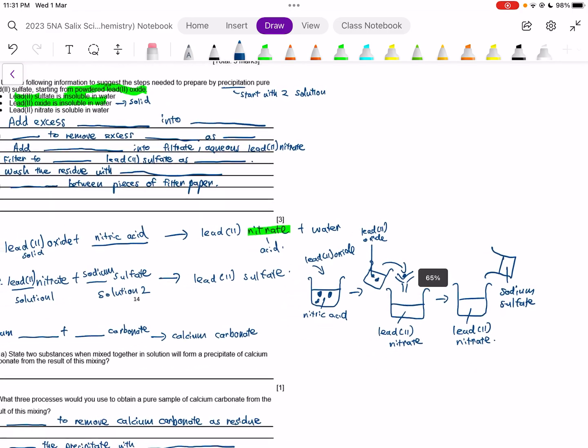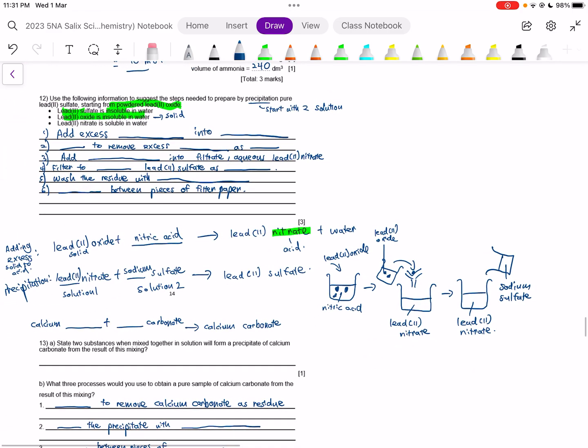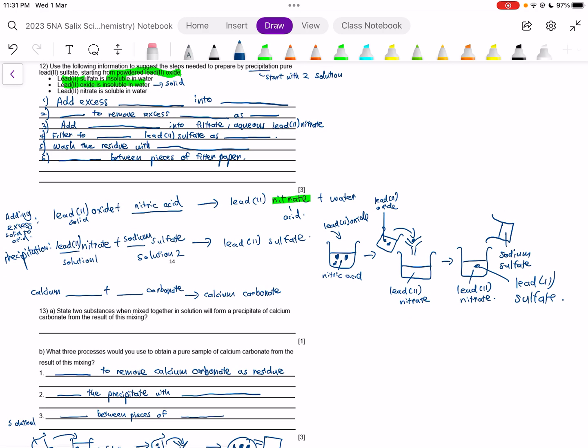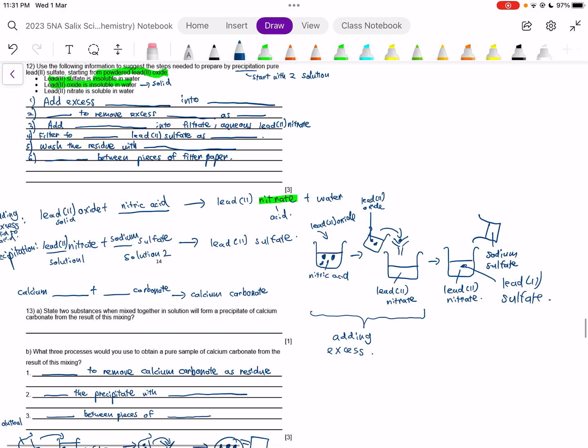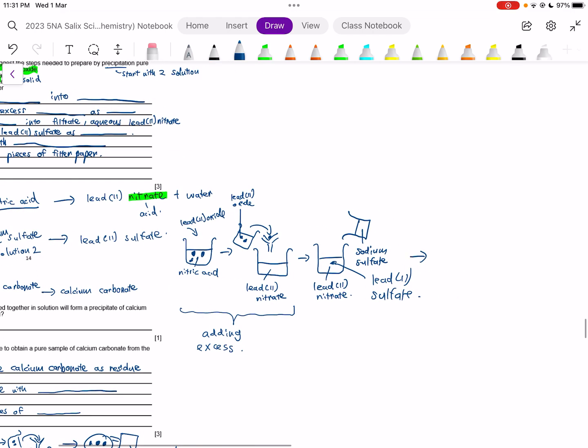Maybe I zoom out so you can see the whole thing. Then you will get the lead 2 sulfate. Then you must go and filter out. So it's a hybrid of the two methods, just that this part you don't go and do the heat to saturation. This part is the adding excess. Then this part onwards, you get this lead 2 sulfate, which is a precipitate, then you can do filtering.